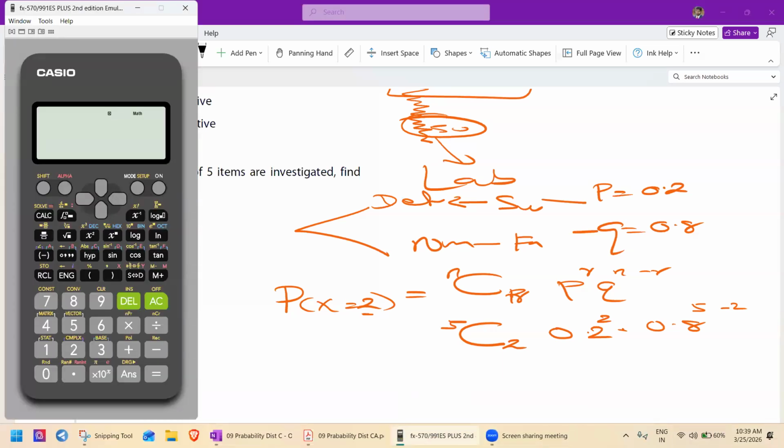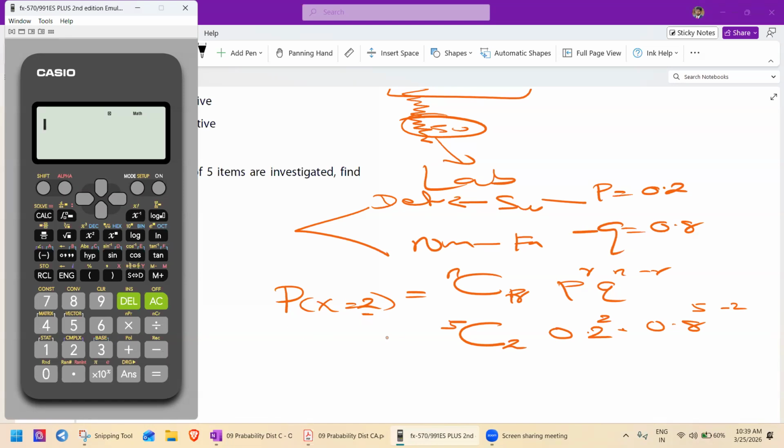So we can apply the calculator here. Is it visible, the scientific calculator? Visible to you all? Yes, sir. Okay, now let's see. There is a function called nCr.